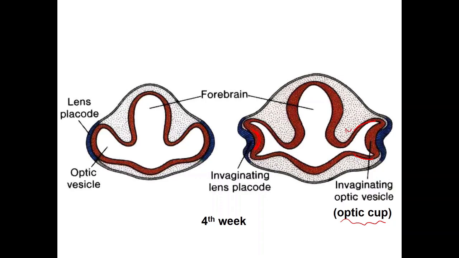And don't forget, there is also mesenchymal tissue all around, and this mesenchymal tissue comes from ectomesenchyme. It is really of neural crest origin, together with mesoderm of the head. So normal mesoderm and neural crest cells, which form the mesenchyme, will create some structures in the eye.